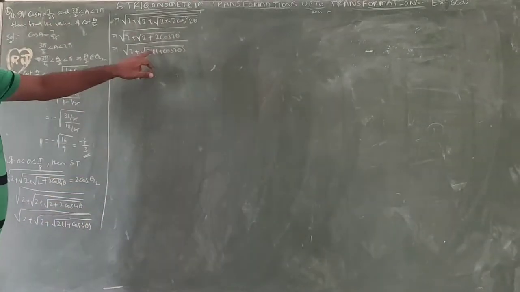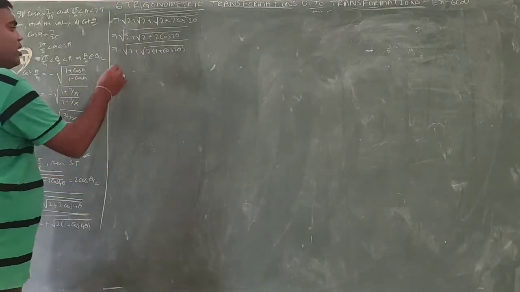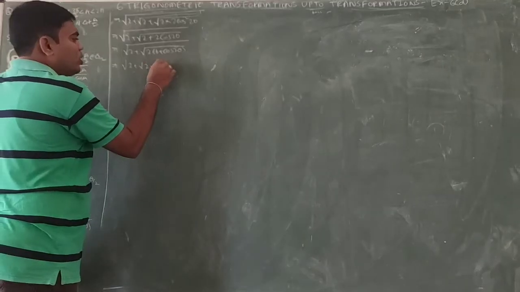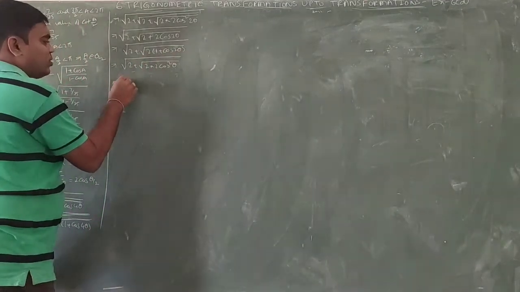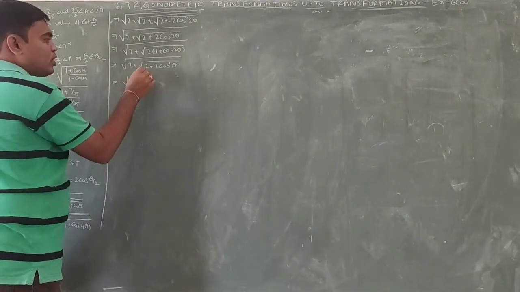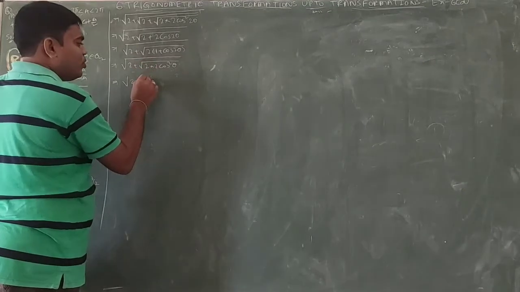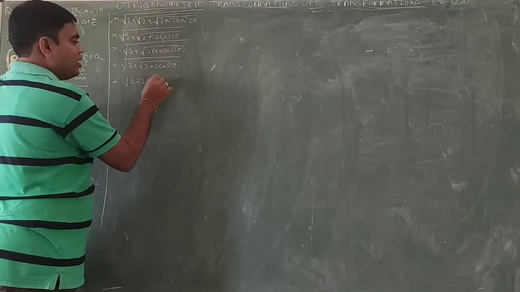Again 1 plus cos equal to 2 cos square, so square root of 2 plus square root of 2 into 2 cos square theta. So square root of 2 plus 2 into 2 is 4, bringing 4 outside of the root as 2, bringing the cos square outside of the root, cos theta.